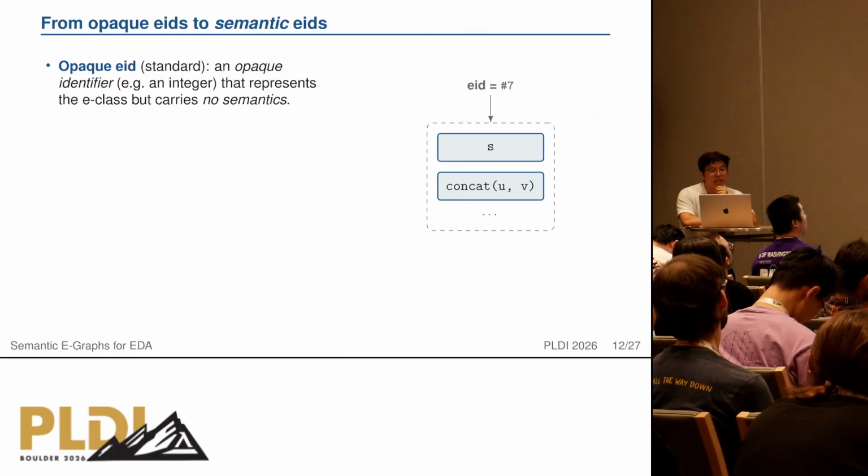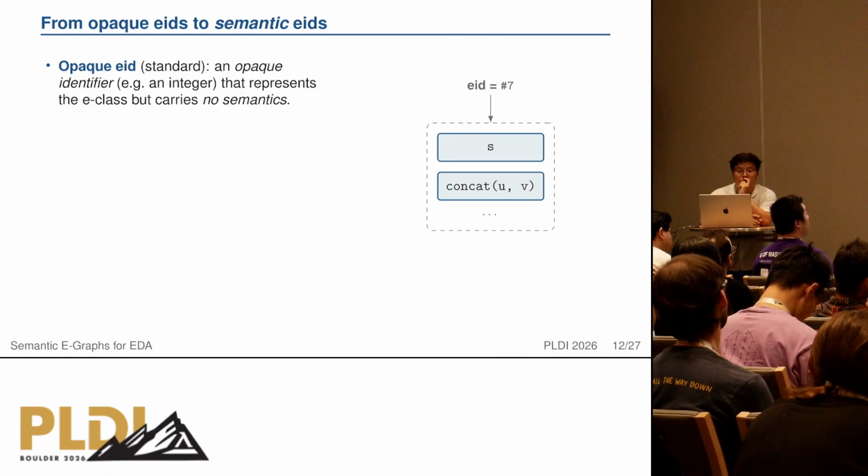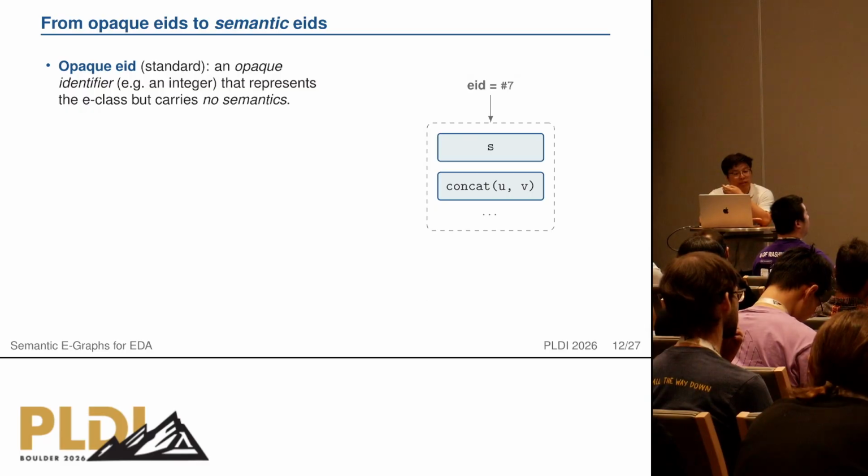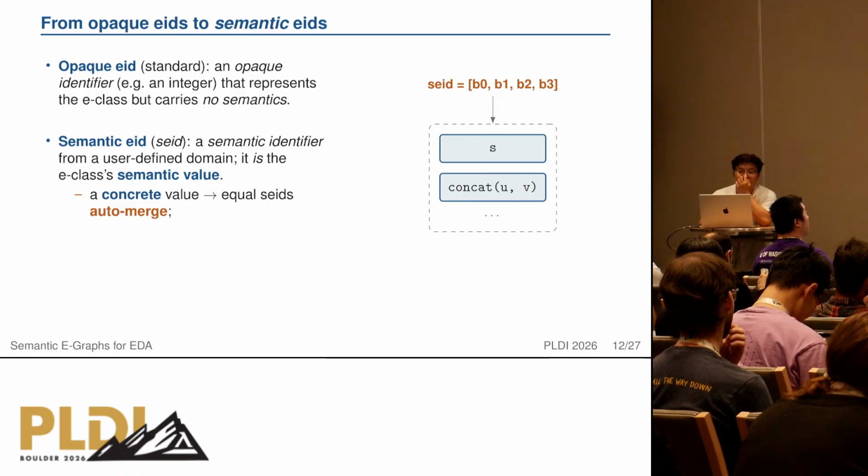So let's have a review of the egraph EID. Traditional egraph has the opaque EID, an opaque identifier, which could be an integer that represents the E-class, but does not carry its semantic meaning. And we are replacing it with a semantic identifier from a user-defined domain, the E-class semantic value.